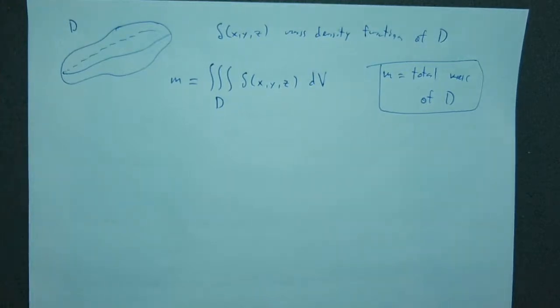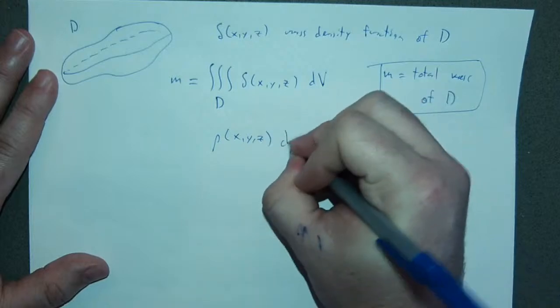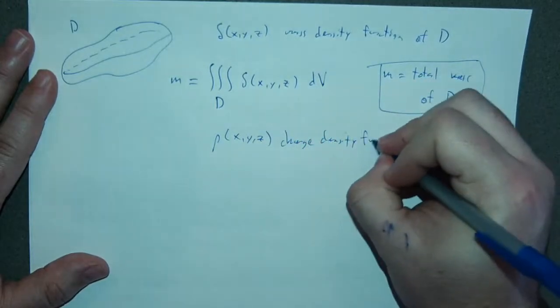Another example. This isn't done at this point in the textbook. It's actually done at the end of this section. But I figured I'd go ahead and introduce it now because it can help with some of the intuition for what this is. Say that rho of x, y, z is a charge density function, so a similar role to the mass density function.